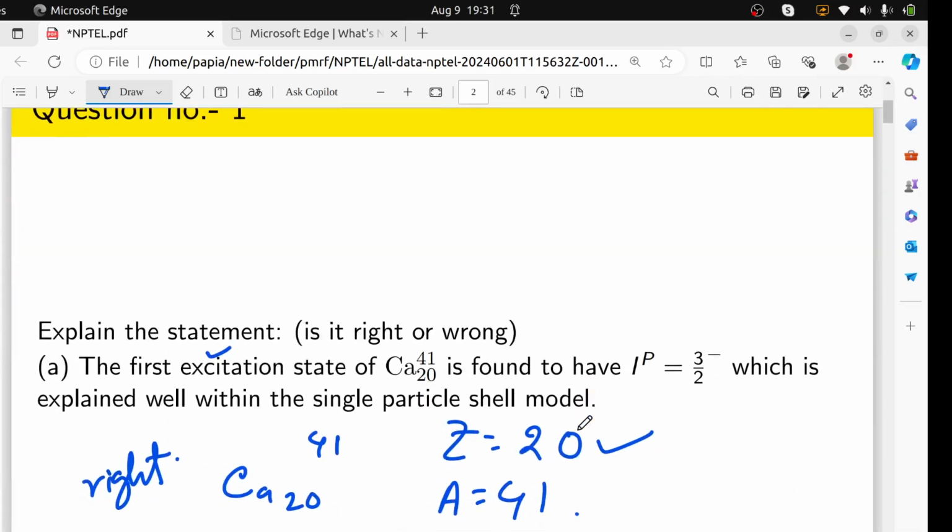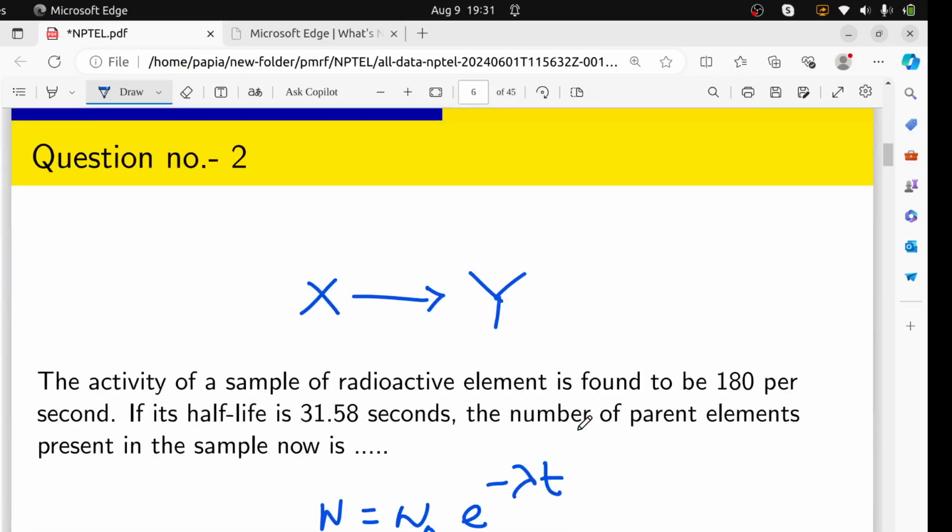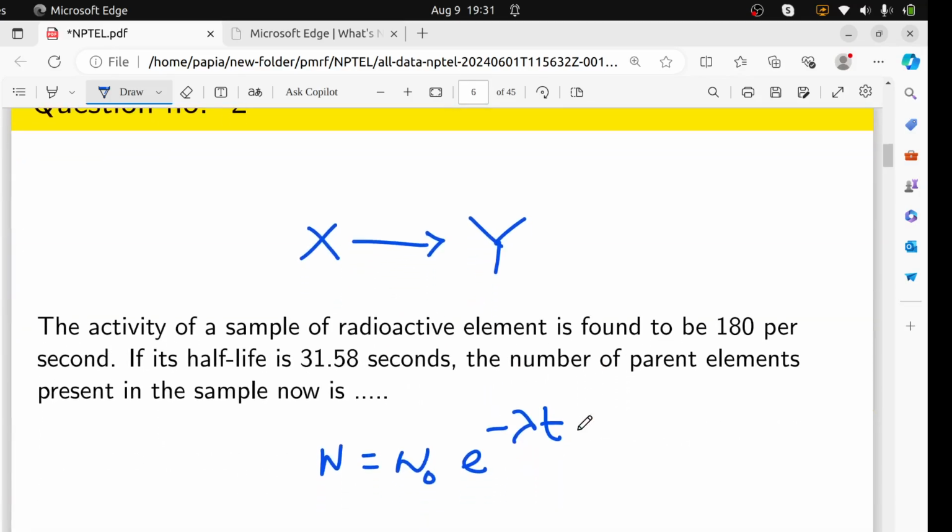This is the first question about the single vertical cell model. This is the second question, activity of a sample of radioactive element.